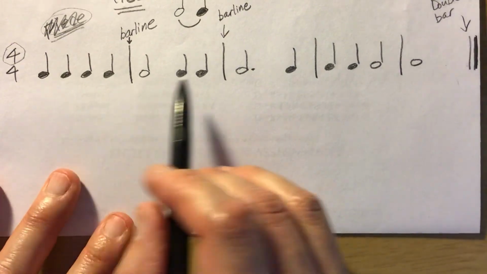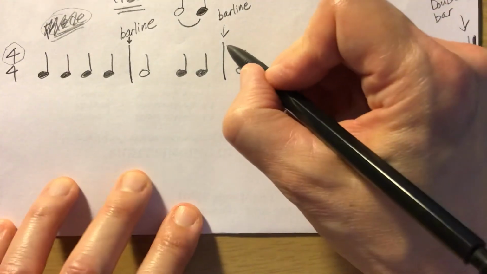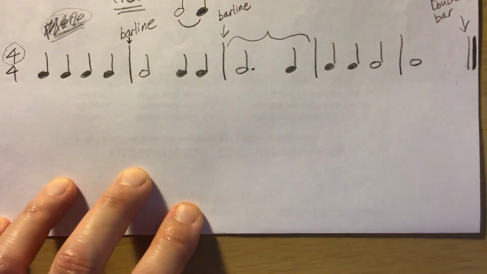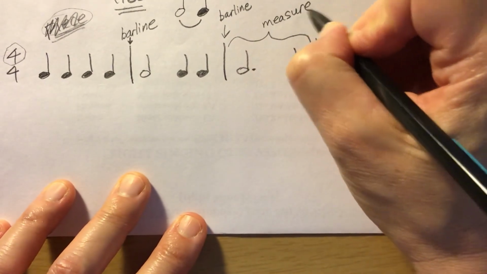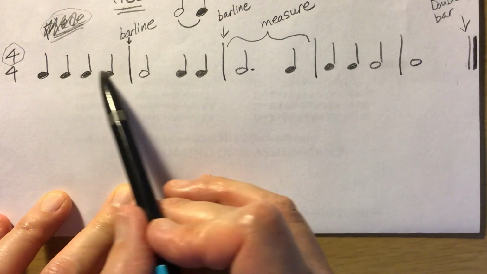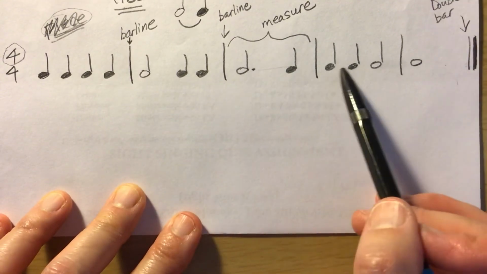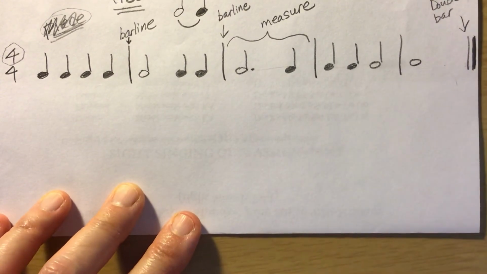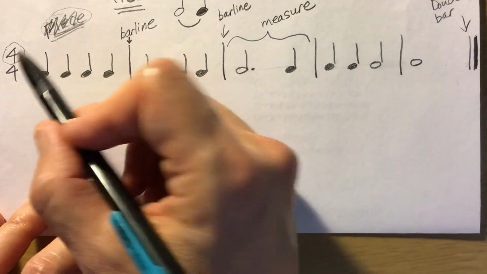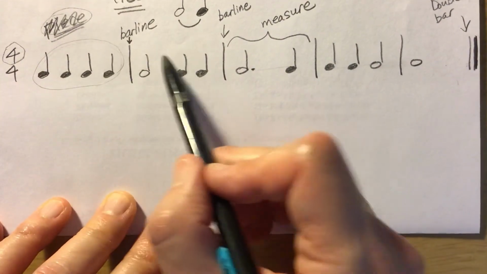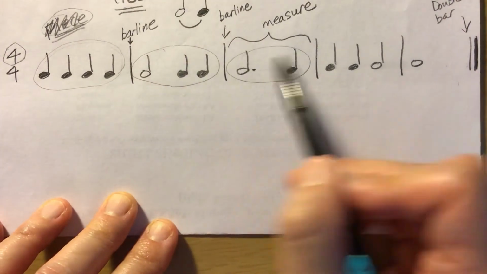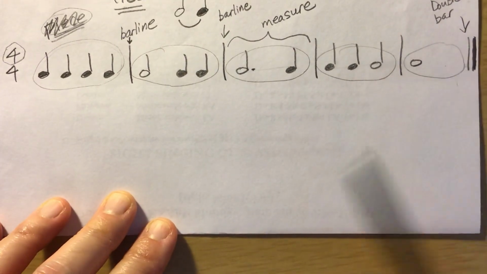The other thing I wanted to talk about is what is in between the bar lines. Those are called measures. We have a total of 1, 2, 3, 4, 5 measures. Notice what is inside each measure. What do they have in common?